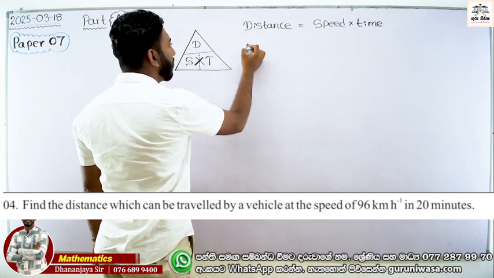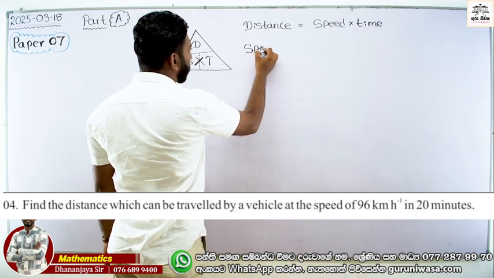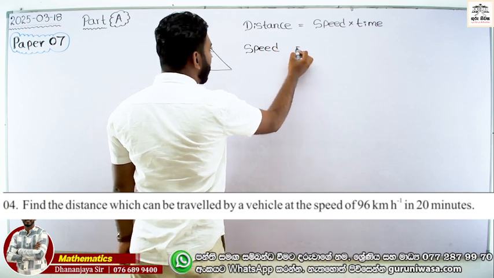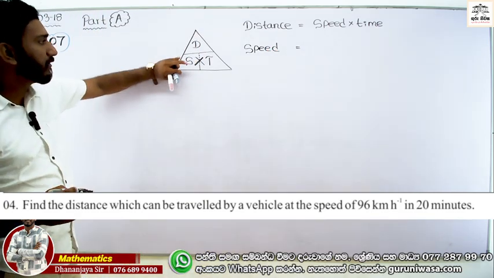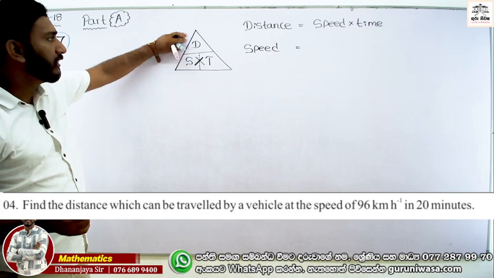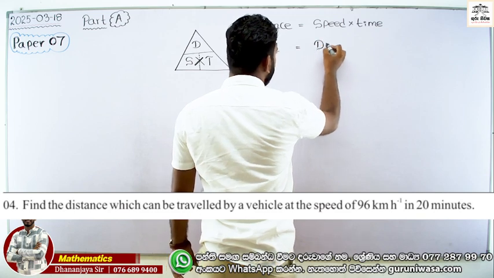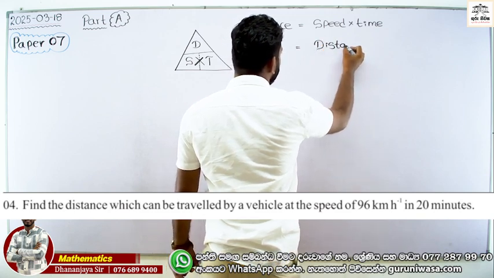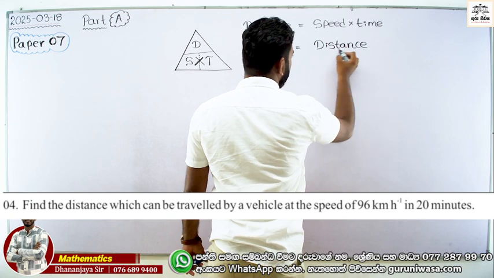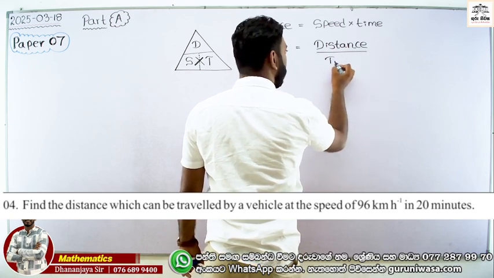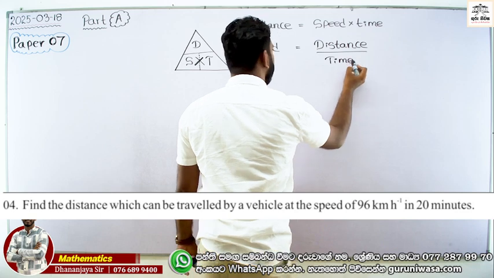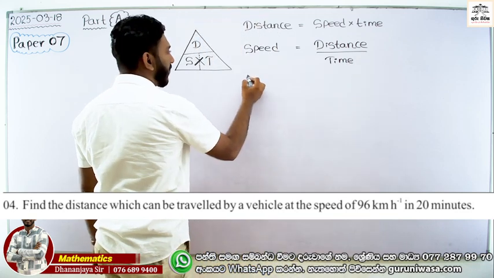And speed equals distance divided by time. And the third one is time.